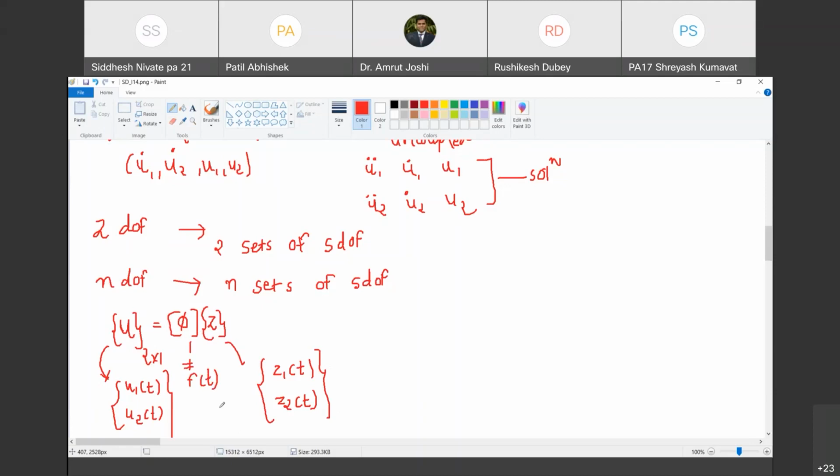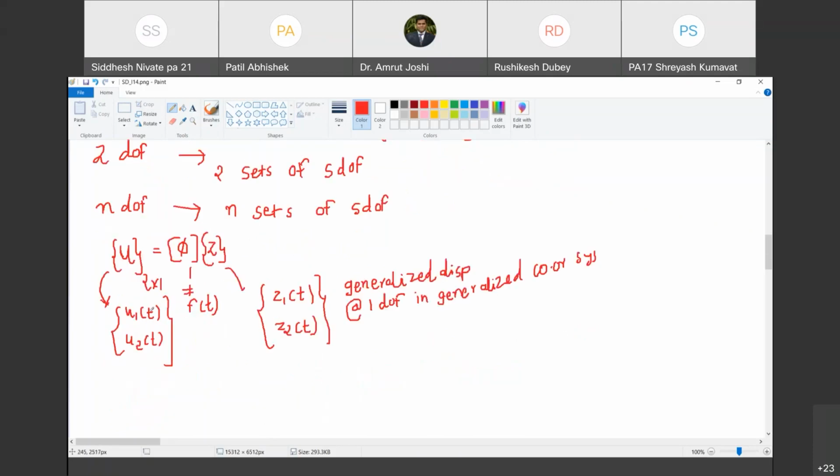Happy? Yes, sir. What is Z1 of t and Z2 of t? These are two time dependent functions which I am going to call as generalized displacement. क्या बोलेंगे इसको? Generalized displacement at first degree of freedom in generalized coordinate system.